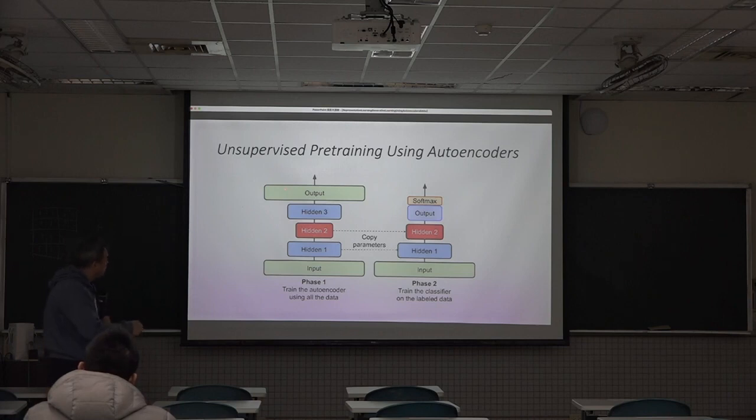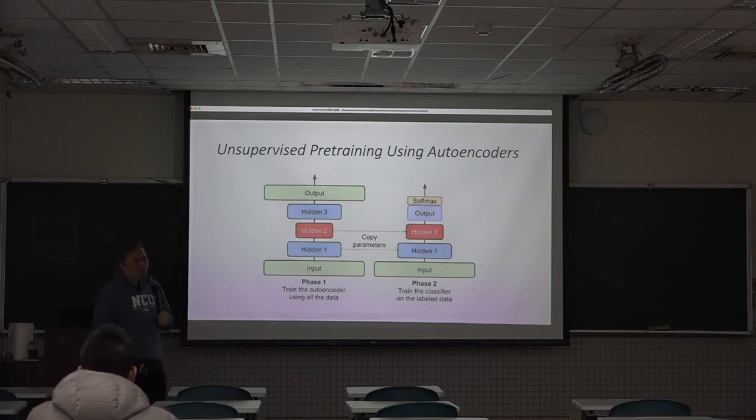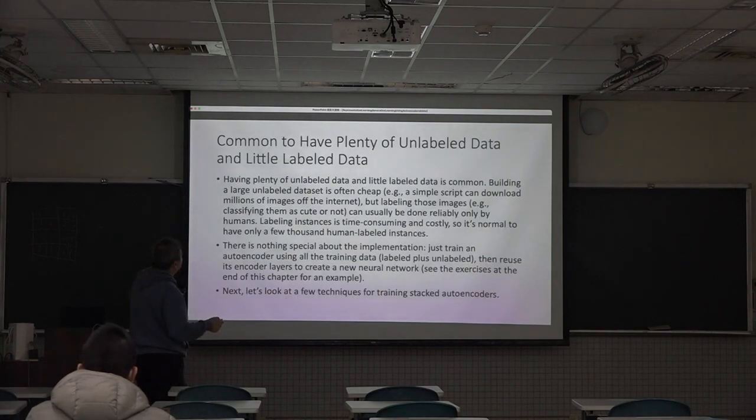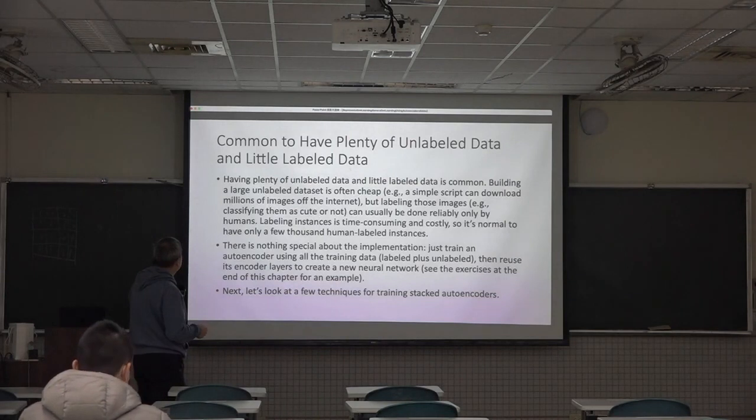Now that you understand the concept of autoencoder, this part becomes much easier to talk about. So I think there is not much more to talk about for this part.